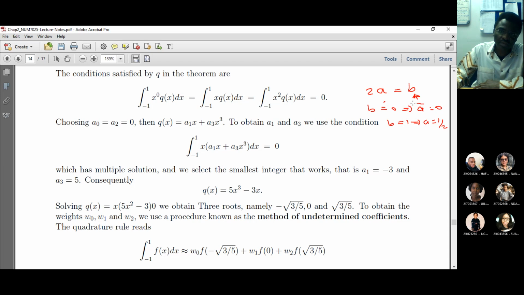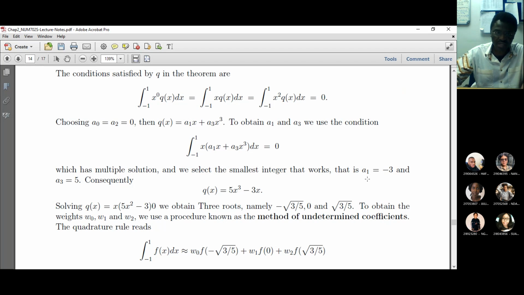So you see that A depends on B. If I fix one, I get the other one depending on the fixed value. So that's exactly what happens here. You have an expression of x1 in terms of x3, or x3 in terms of x1. So if we fix one, we get the other one.